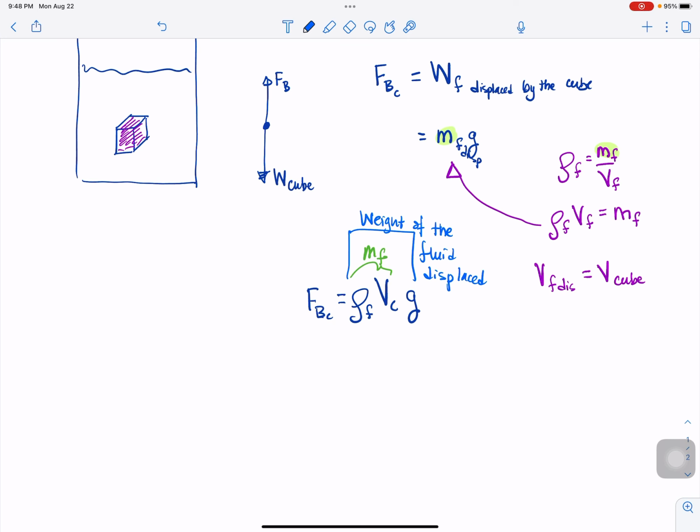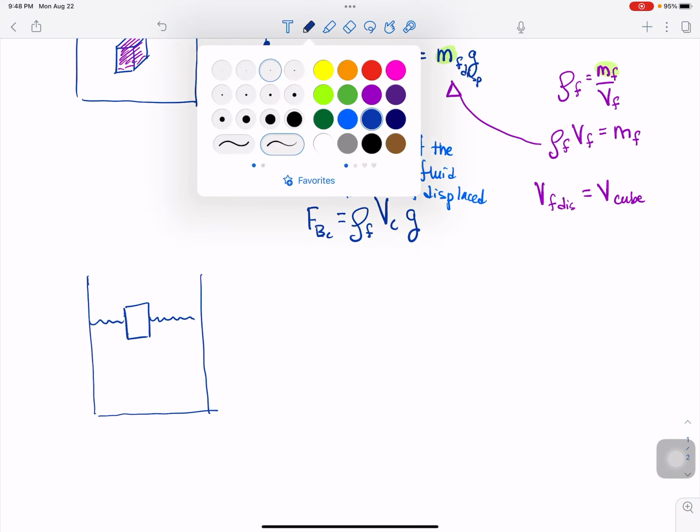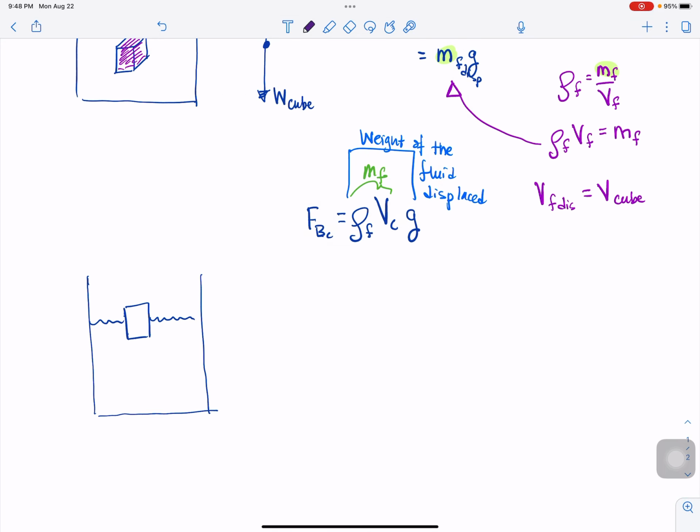I want to do one more example. So we're going to do an example with a cube that is floating. And so I've got my fluid, I've got a cube floating. And now this part right here is the fluid displaced.